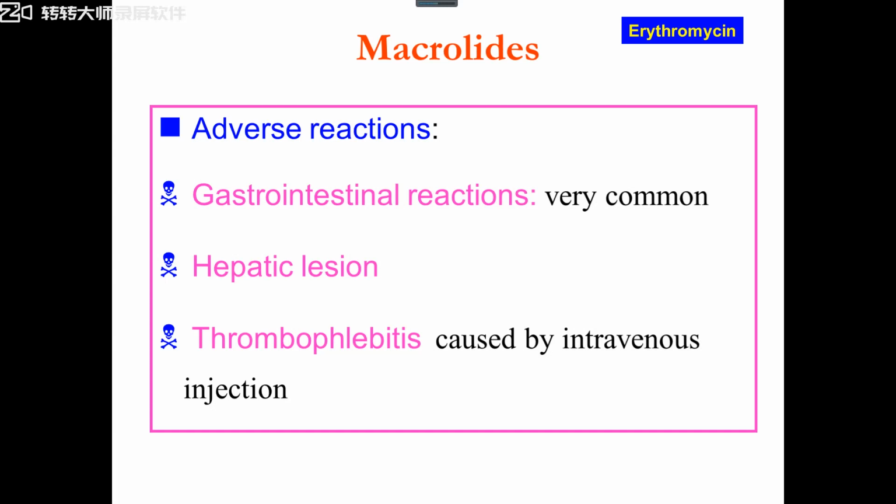You should remember these 4 kinds of drugs. These drugs have obvious hepatic toxicity. What's the meaning?